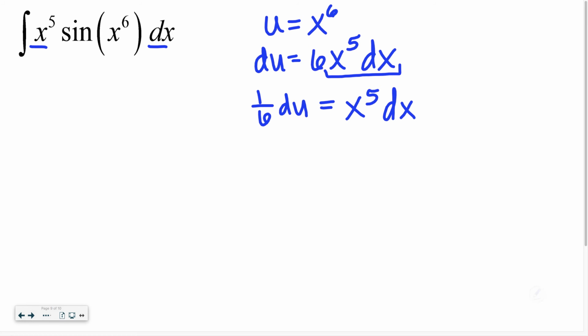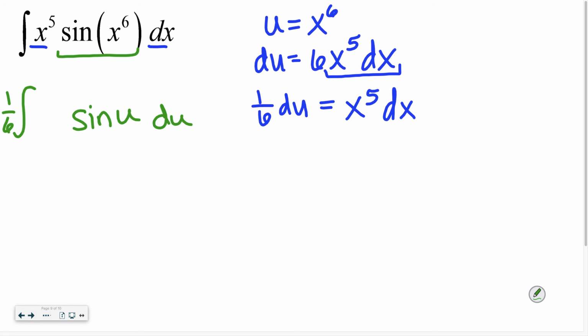Which means when we come over here to our integral, we would have the sine of u to take care of that. And then x to the 5th dx is the same as 1/6 du. And I really like to put my constants in front of my integral. You don't have to do that.